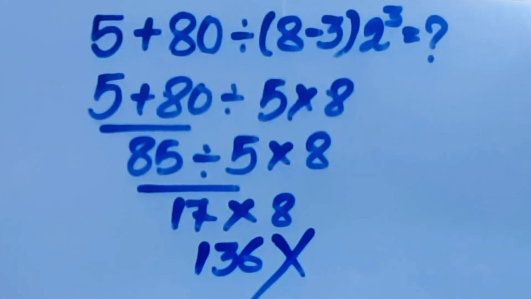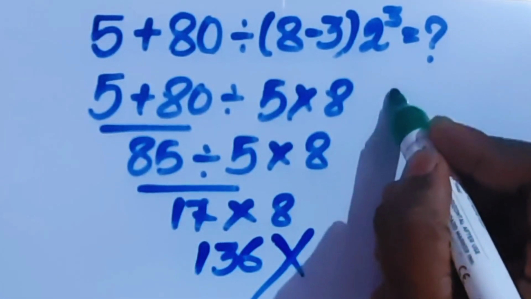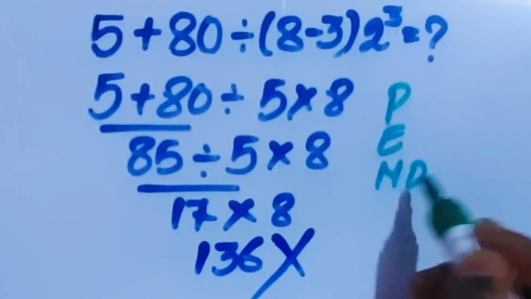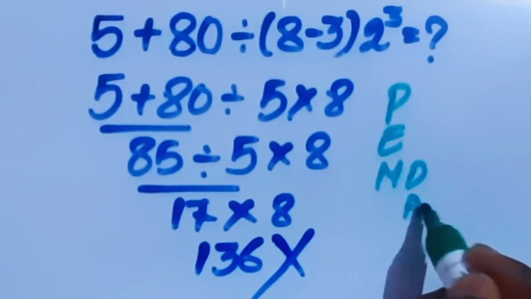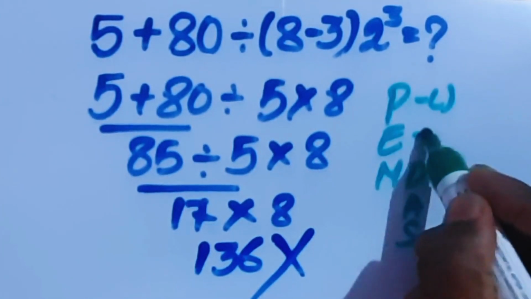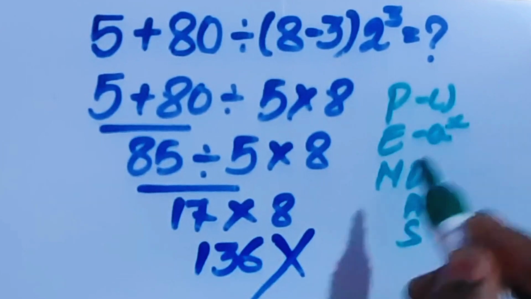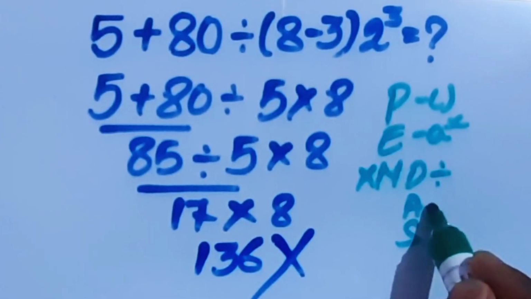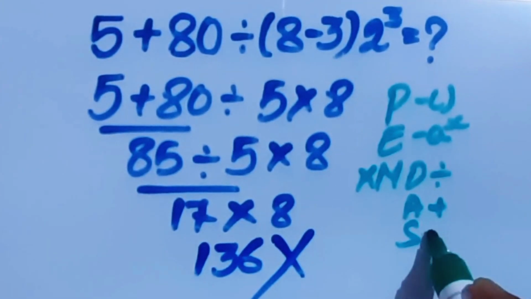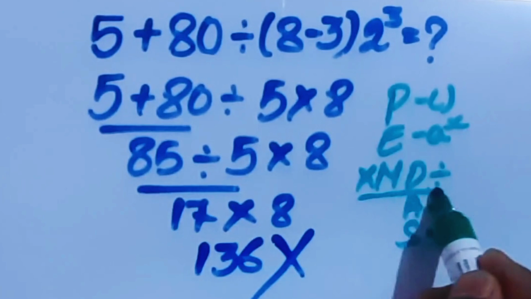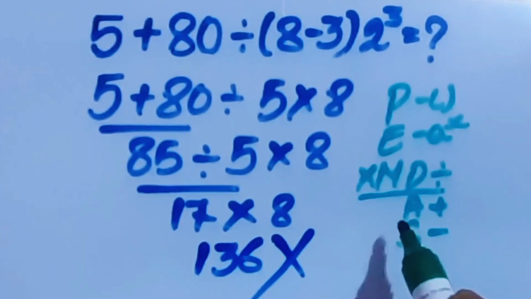Now we are going to introduce the order of operations, the PEMDAS rule. P is bracket, E is exponent, M is multiplication, D stands for division, A stands for addition, and S stands for subtraction. Multiplication and division are equal priority.